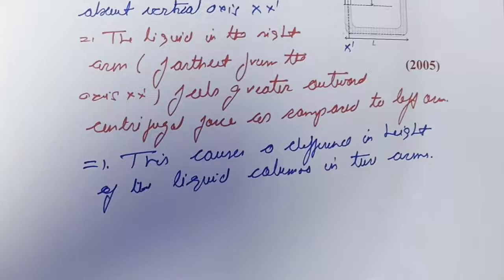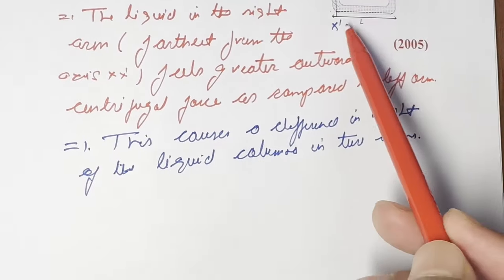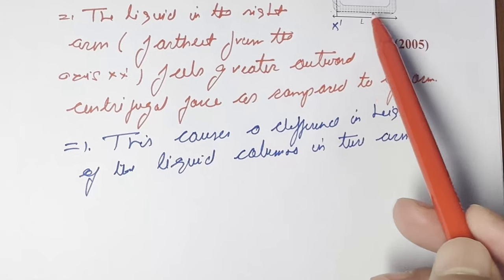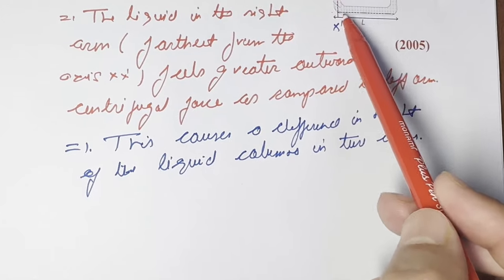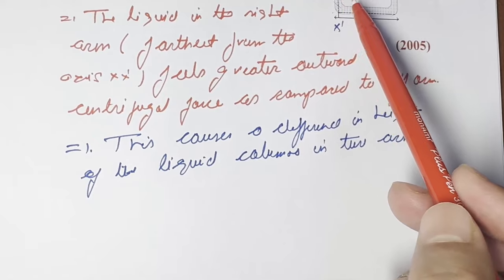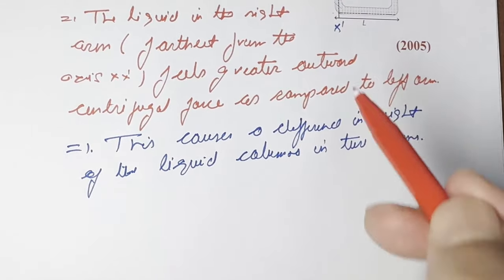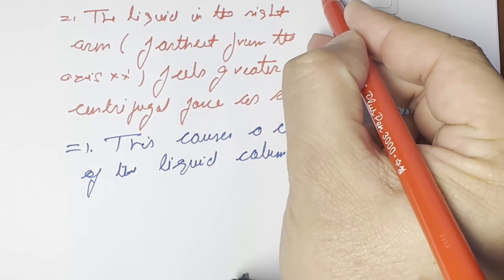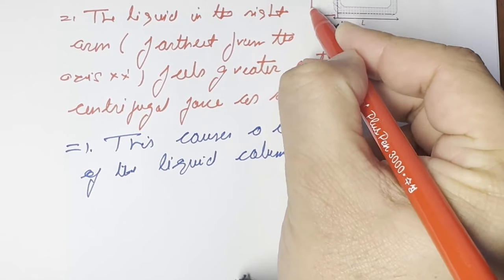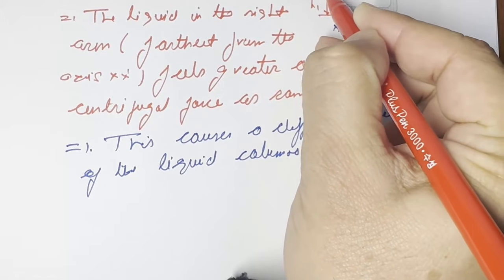So we are going to find the pressure at the base of both the arms. Let us first find the pressure because of the left arm, and we assume that this left arm has a liquid of height h1.